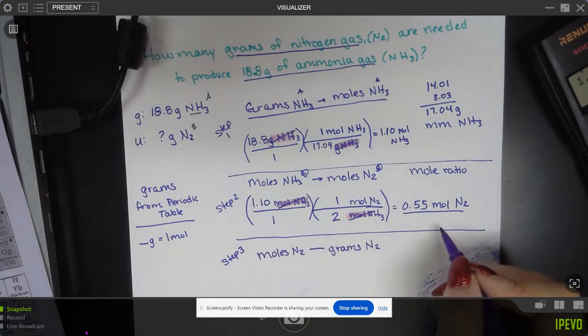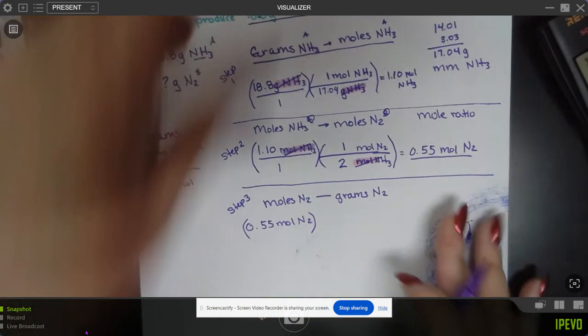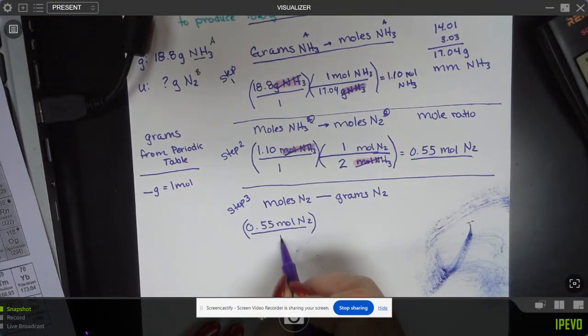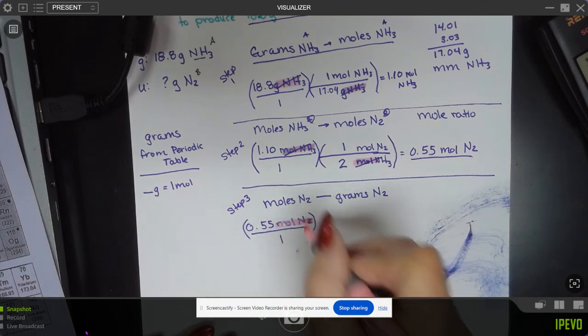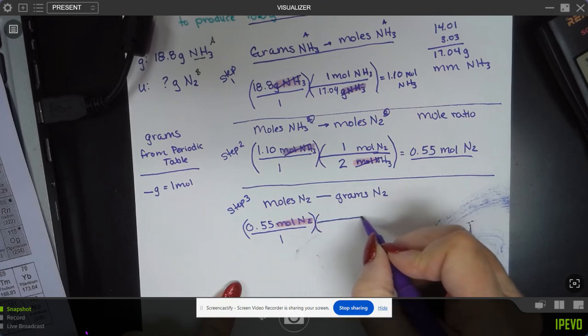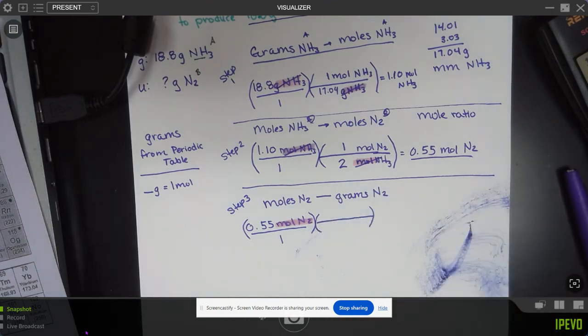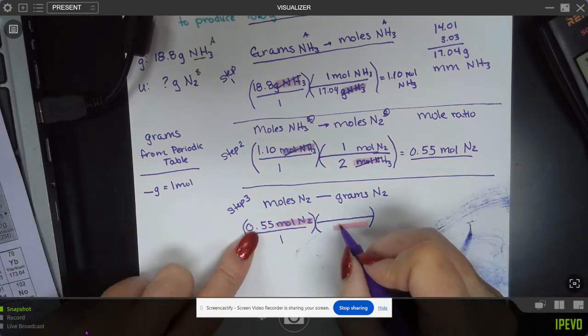So I start with my given, 0.55 moles of N2 over 1. Again, these units are going to come down diagonally, so moles of N2 go here.